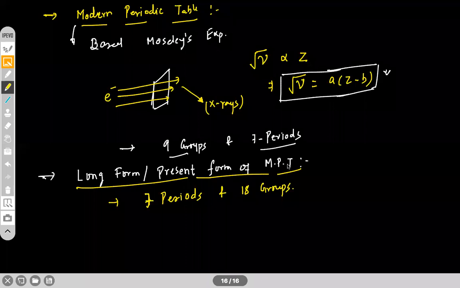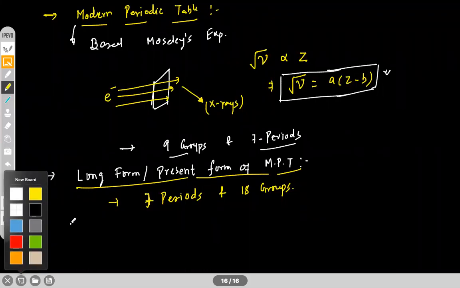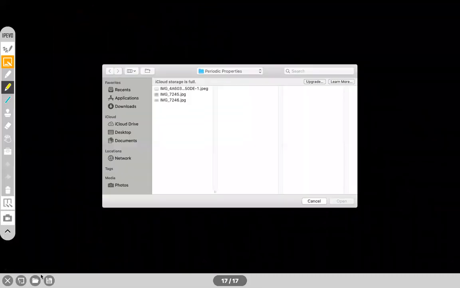We should understand how the atoms are classified here, and why the atoms are placed in a given group. There is a reason for that. So let us first understand or see the periodic table. I'll show you the periodic table we have, and we'll discuss it.